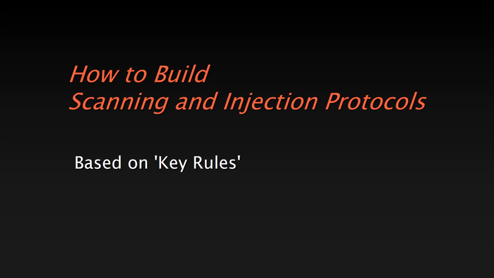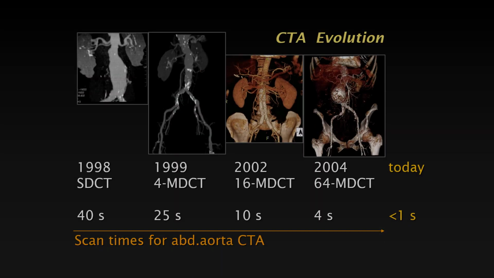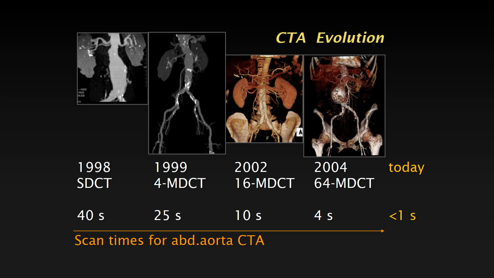The basic rules we just mentioned, but another complication that has happened over the years is that while the scan times were in the 40 seconds range about 20 years ago, now an abdominal scan could be 4 seconds. You can scan the abdomen in 1 second. You can even scan the chest, abdomen, pelvis in less than a second if you use a force at its maximum speed. So scan speed is really not a limitation anymore.